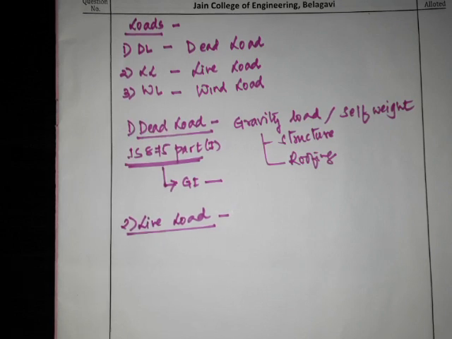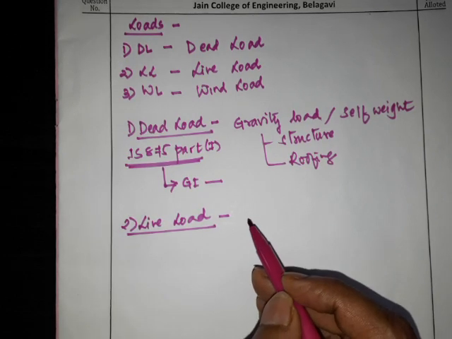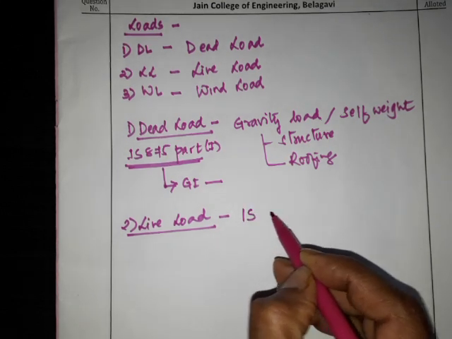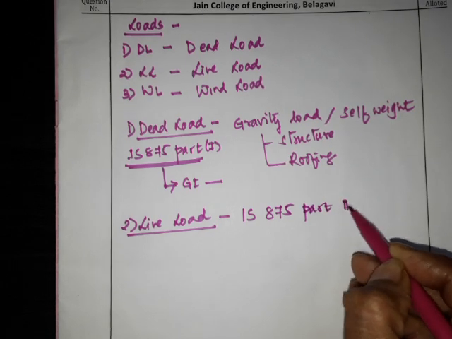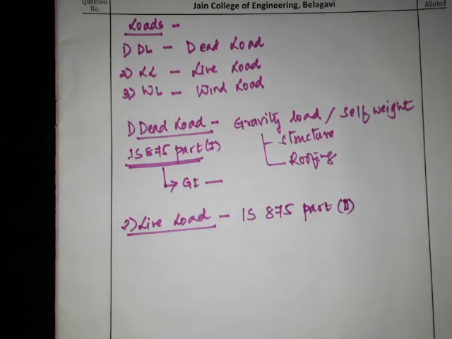So again, you have to refer to some of the standards to consider the load. For live load you have to refer to IS 875 part 2, to find out what loads you have to consider. If you are designing for a public building, a commercial building, or a residential building, again the load category and load density will change, the magnitude will change.